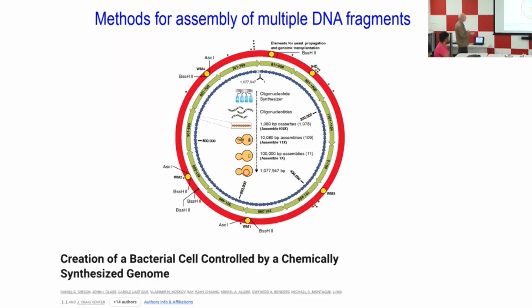So Mycoplasma is a bacterium that in some of the species are pathogenic, but the advantage of this bacterium is that it has one of the smallest genomes known, and therefore it has only about 700 genes or something like that. And therefore, in terms of the synthesis, it is way easier than E. coli or Pseudomonas that has 4 or 5 times more.